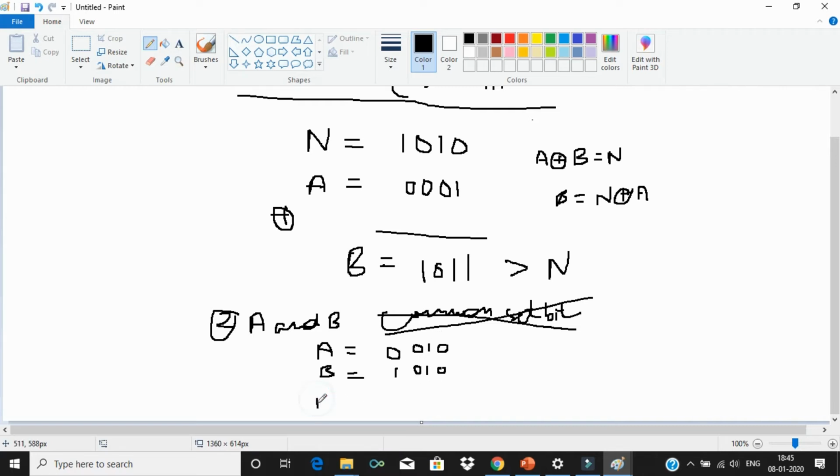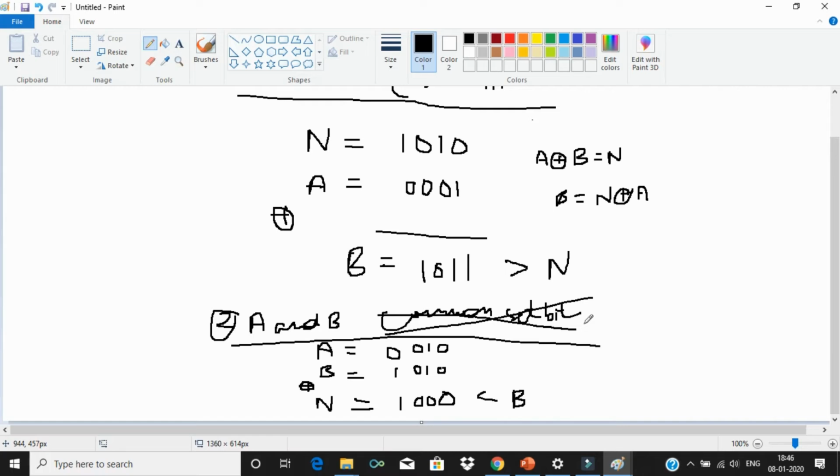The value of N, which is the XOR of A and B, comes out to be 1000... 0001 as per the board. As you can see, this value is less than B, which is not as per the requirement of this problem. So this is also not possible. So the second thing is that A and B cannot have a common set bit.